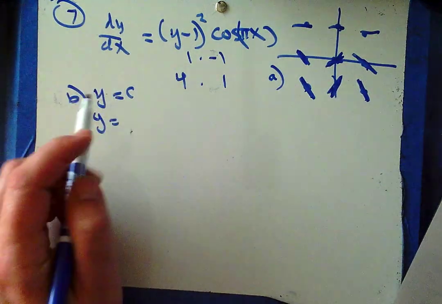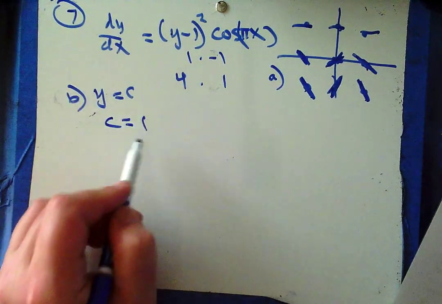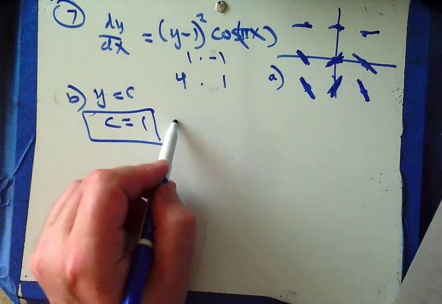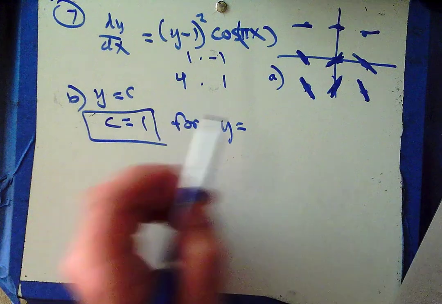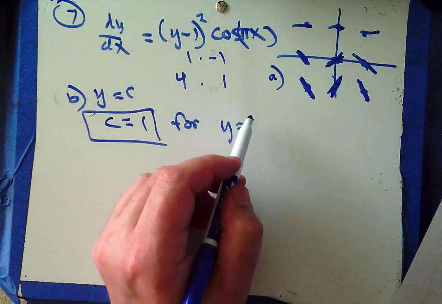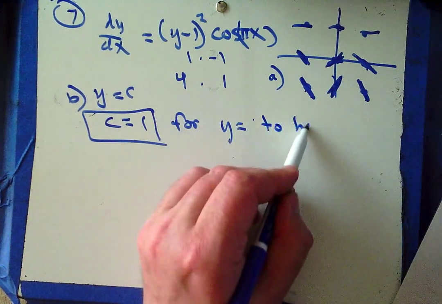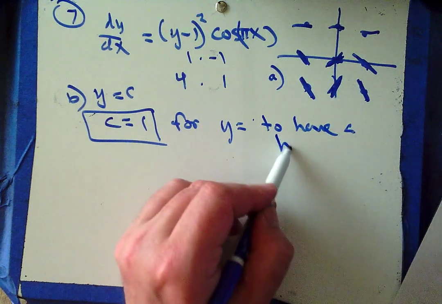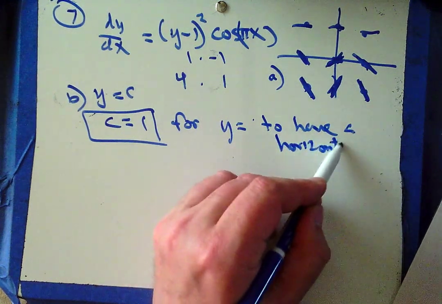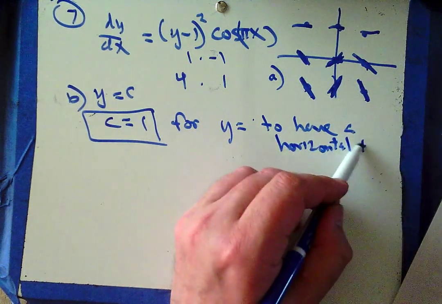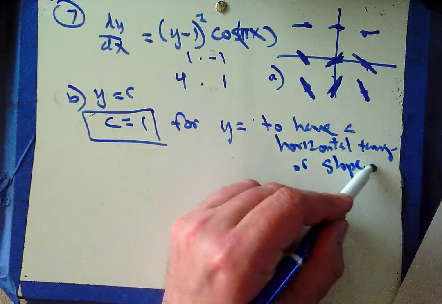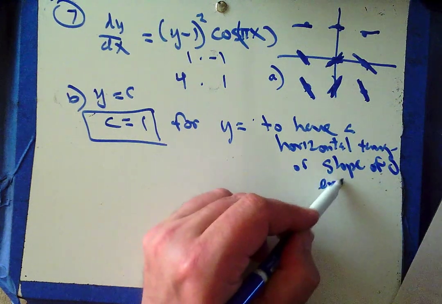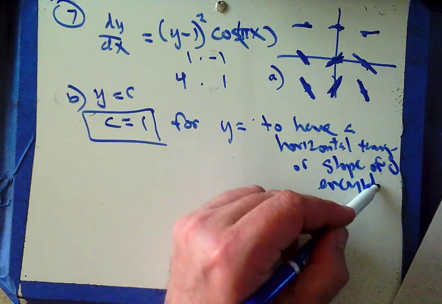So c must equal 1 is my answer, for y equals c to have a horizontal tangent or slope of 0 everywhere.